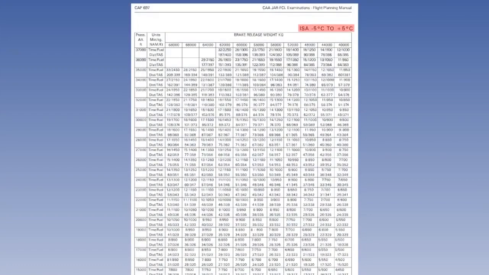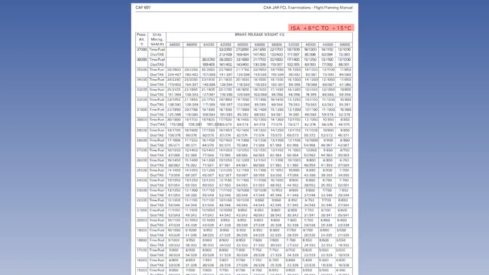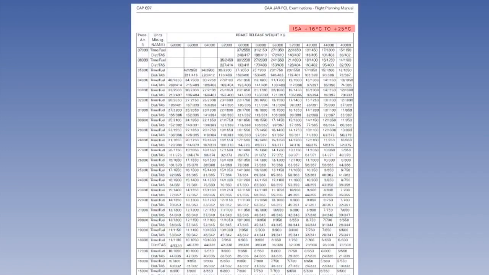Whereas the same figure number on page 20 deals with ISA deviations of between -5 degrees Celsius to +5 degrees Celsius. There are a further 2 figures 451 showing the data for ISA deviations from +6 to +15 degrees and +16 to +25 degrees.